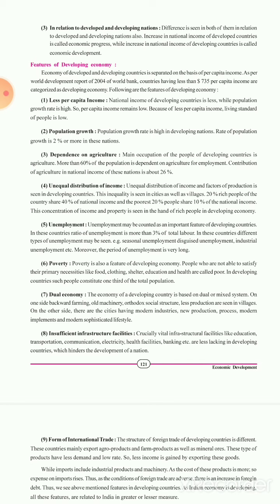Third point, dependence on agriculture. A developing country is always depending more on agriculture or agro products. And we know that any person who is working in this sector, his income is always less.